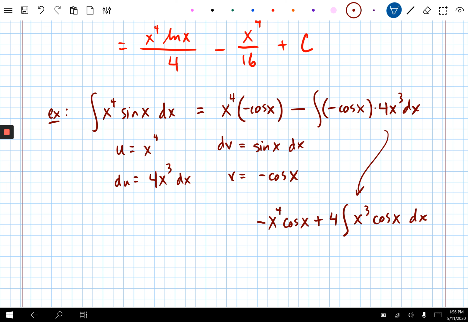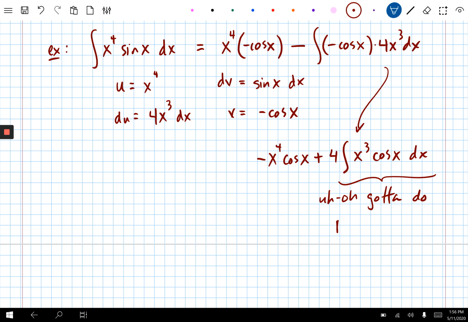So you look at that, you're like, oh man, what are you doing to us here? We're going to have to use parts again, aren't we? Got to use that same formula, uv minus integral v du. Of course, we'd have to do it for the x to the 3rd, then down to the x squared, then down to the x, then finally we'd have an answer at the end.